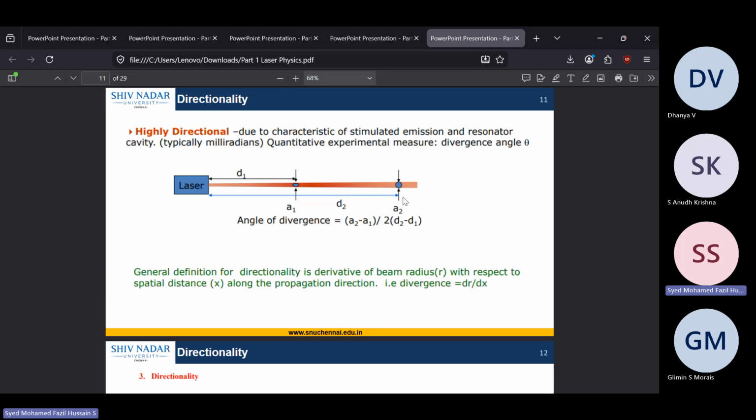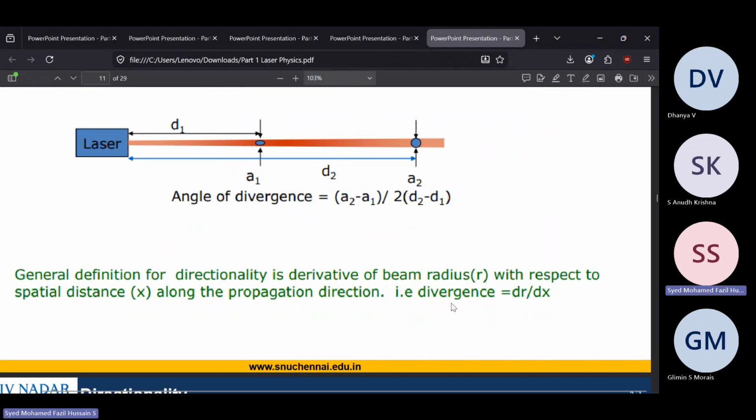Okay, the distance and the angle of divergence. I mean, the radius of the circle at those two points.